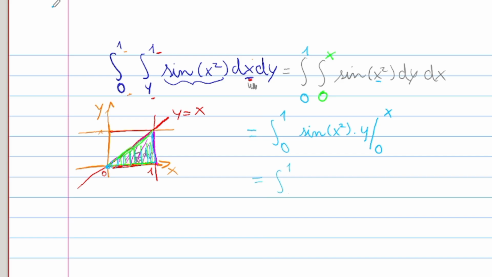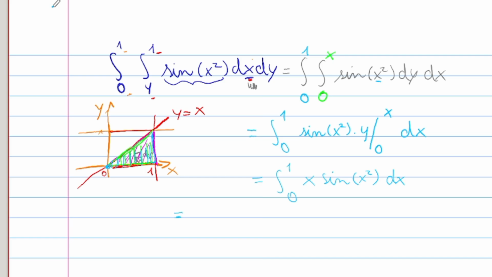So we get x sine of x squared. Don't forget the x.